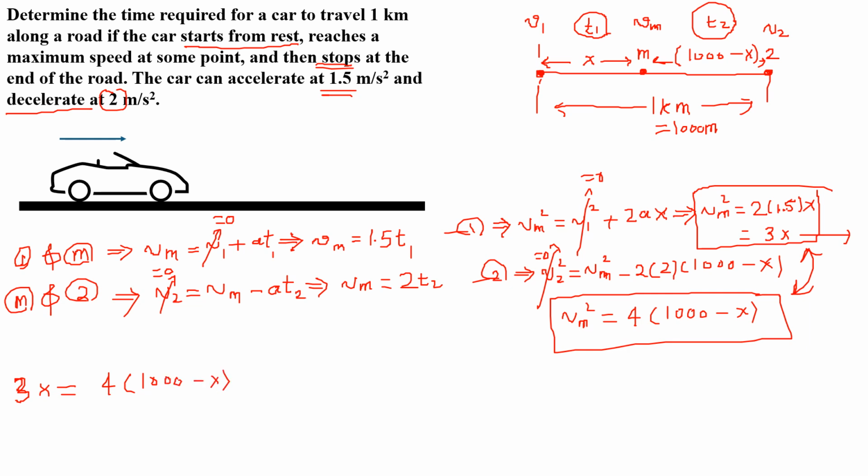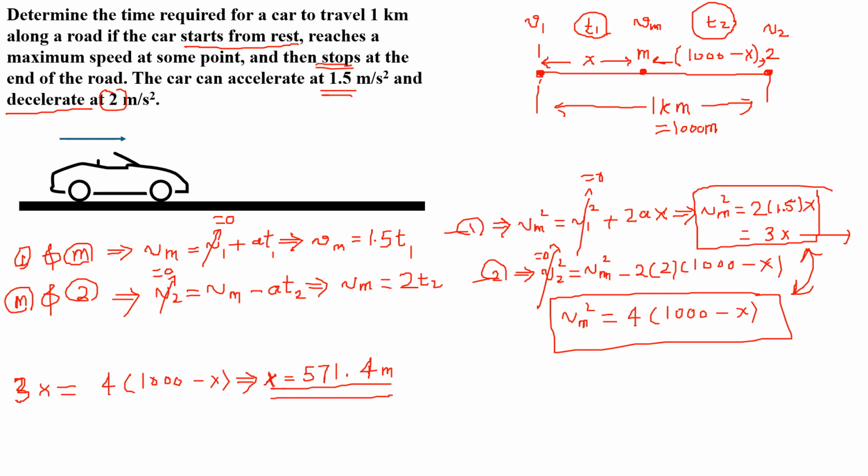And let me just solve for x. Again, this is a simple linear equation. We can rearrange the equation, right? I got x to be, let me just shorten the video, so I leave finding x here for you. This is, I got 571.4 meter, to four significant numbers.